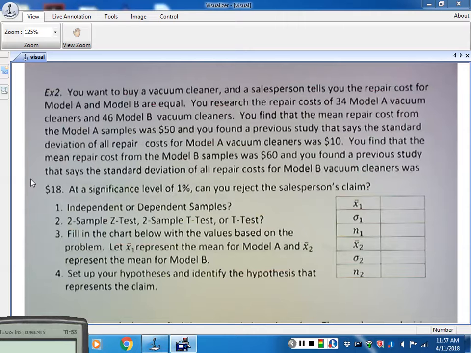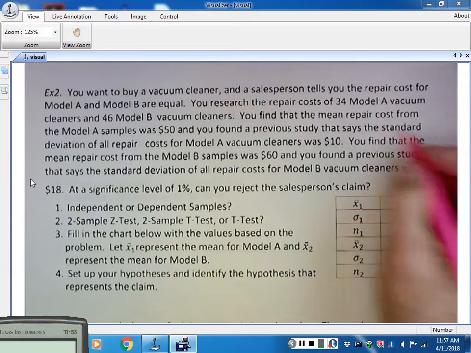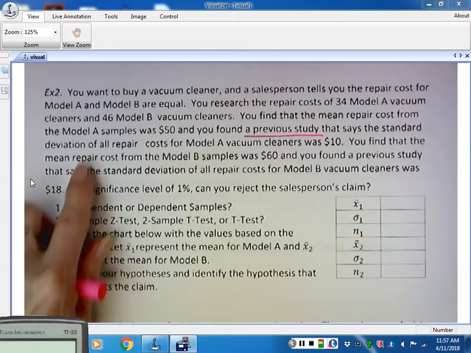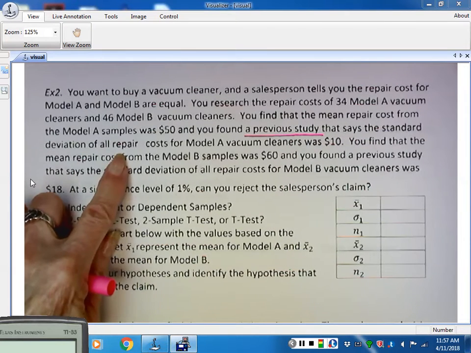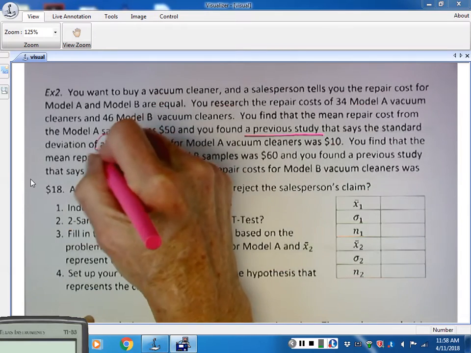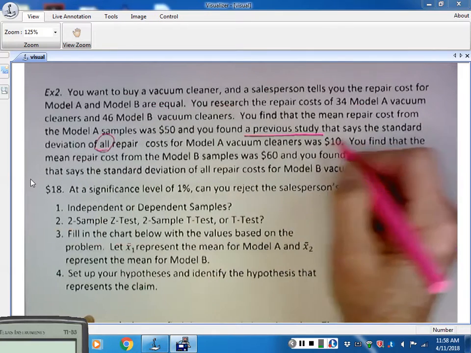You also found a previous study, and this is information that we kind of perk up and listen to because it says, oh, previous study, we've got some information from the past. That says the standard deviation of all repair costs for Model A was $10.